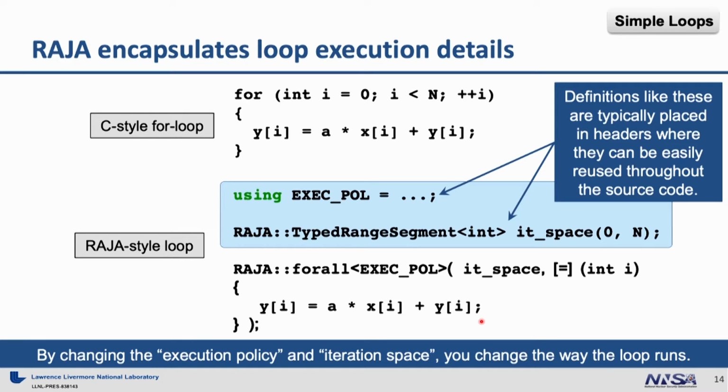There are a couple more things that need to go before this. The execution policy is a type alias for which backend to run this loop on. And the iteration space is defined by this typed range segment from 0 to n minus 1. It's not inclusive of the end.